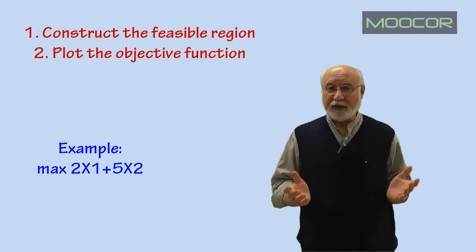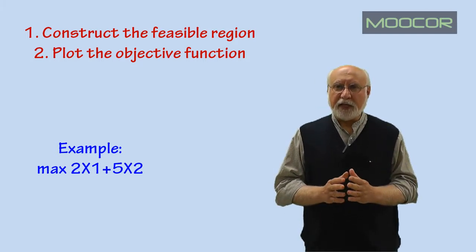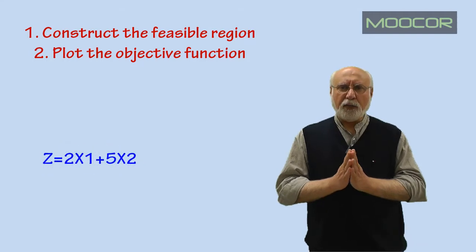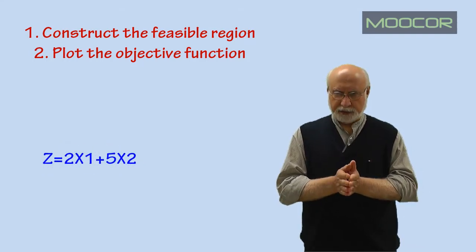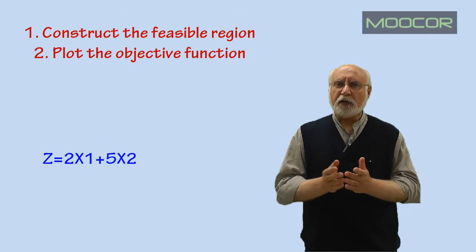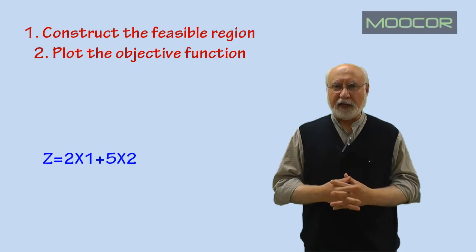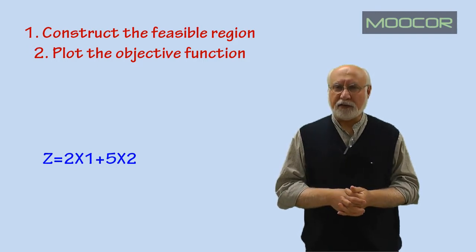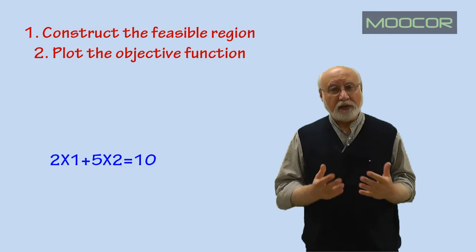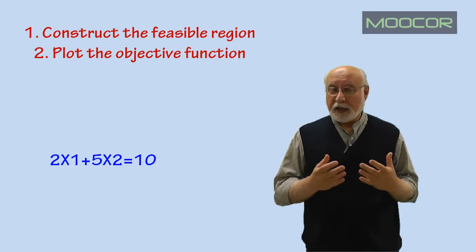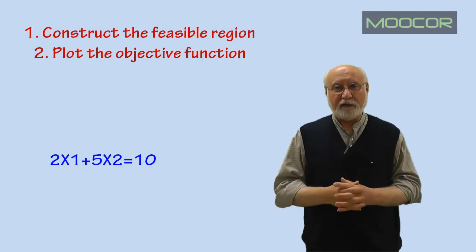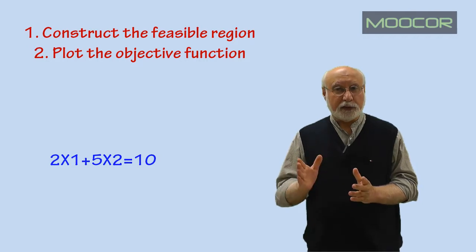So how do we plot that? In this case, we are going to plot the objective function based on an arbitrary value that we will assign to that. So we will plot the objective function assuming that this value of objective function is equal to some number.